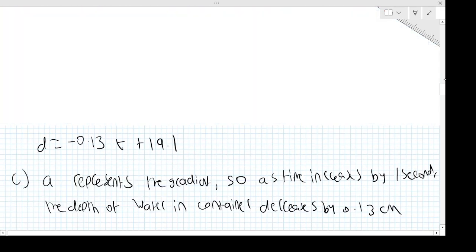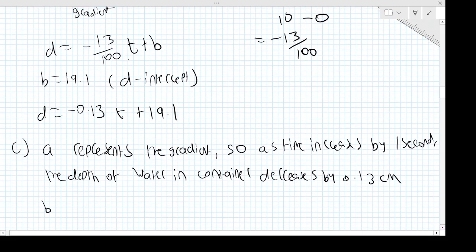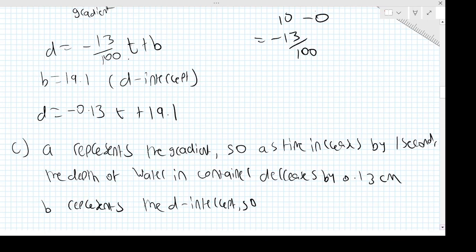So that's A, but then we need to interpret B as well. Then I'm going to say B represents not the y-intercept, but the d-intercept, remember? In terms of the question, the d-intercept is when t is 0, so it's the initial depth, right?